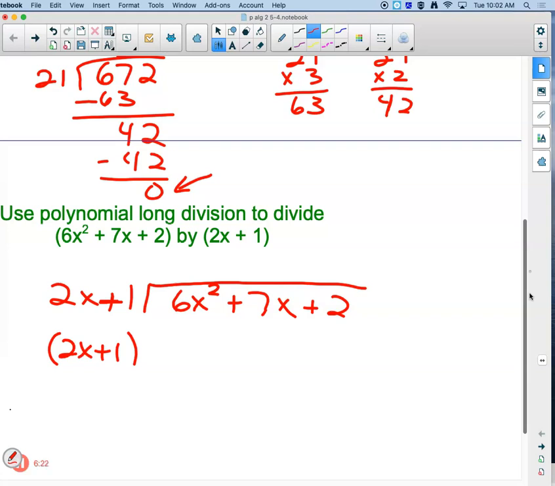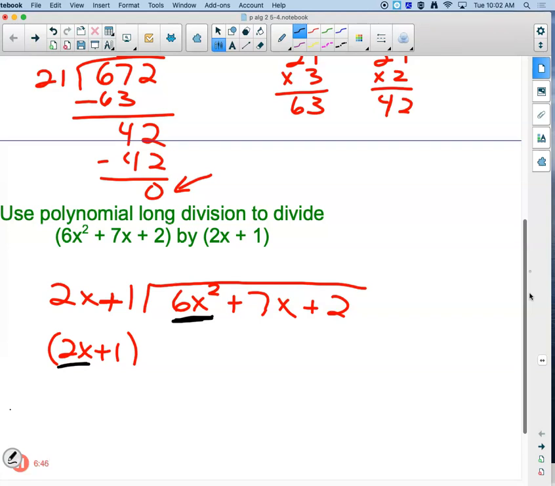So here's what I have. I have a 2x. If I want to get rid of this first term, which is the 6x squared, let me underline that for the people that are on the Google Meet there. I have to figure out what do you multiply 2x by to make it match 6x squared. What does it need? Needs a 3. What else?